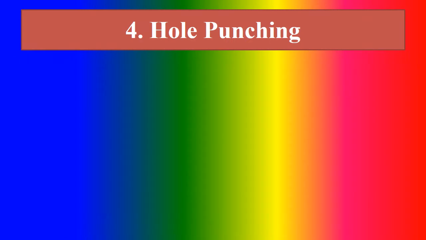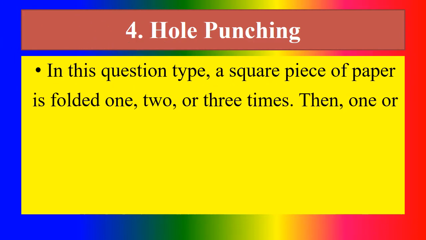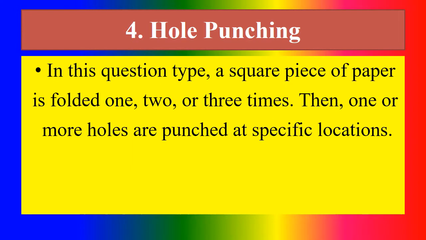Fourth, hole punching. In this question type, a square piece of paper is folded 1, 2 or 3 times, then 1 or more holes are punched at specific locations.